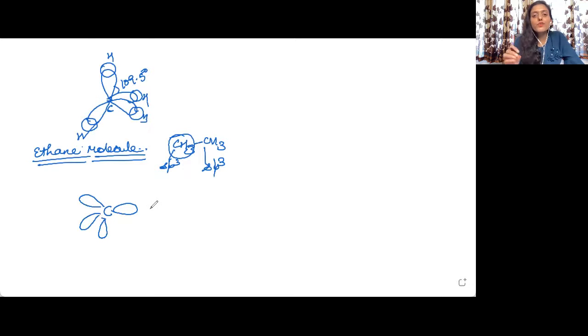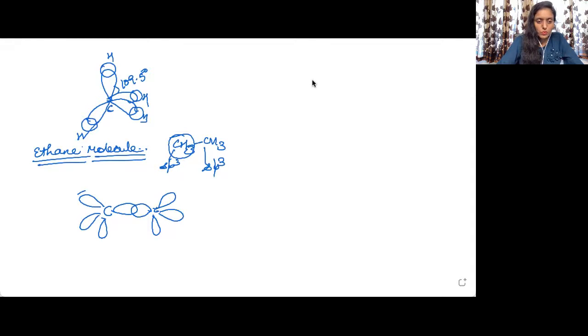Now out of the 4 sp3 hybrid orbitals, one orbital is forming the carbon-carbon bond. If this is the second carbon, it will also be sp3 hybridized. So this is the orbital of that carbon. Now they are overlapping to form the carbon-carbon bond. And the rest 3 orbitals of this carbon and this carbon will be forming CH bonds.